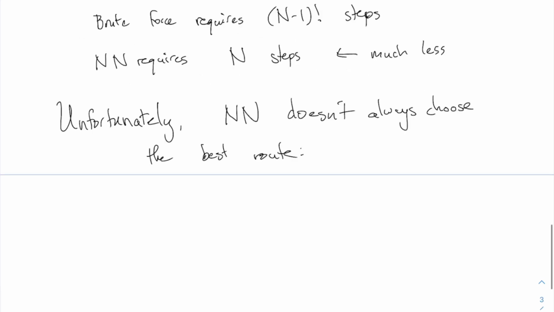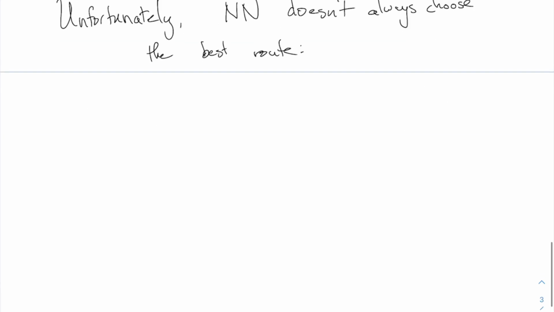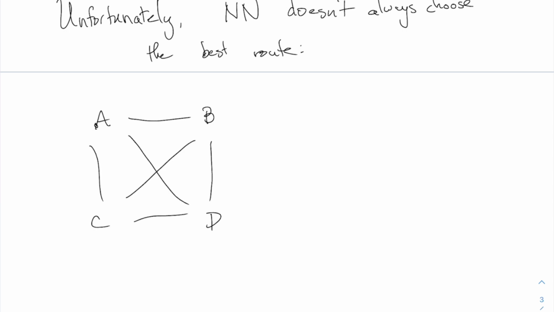For example, here's another example where in this case the nearest neighbor doesn't choose the best route. So same thing, I have to give you the weights here. I'm going to go 2 on the top, 10 over here, 4 here, 5 here, 1 and 3. All right.